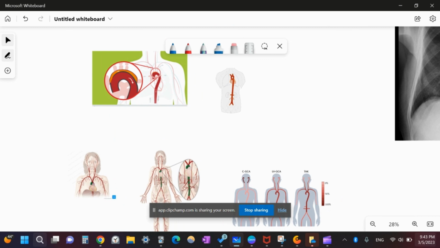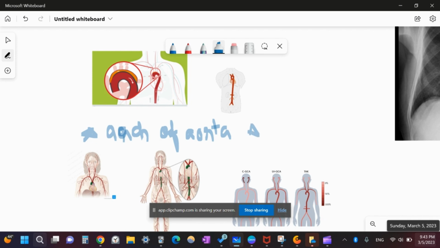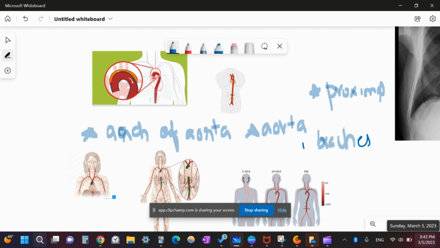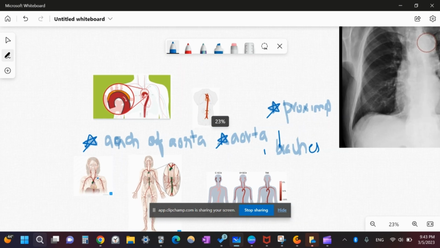When you think about Takayasu arteritis, you want to be thinking first of all arch of aorta, the aorta itself, and the proximal branches.